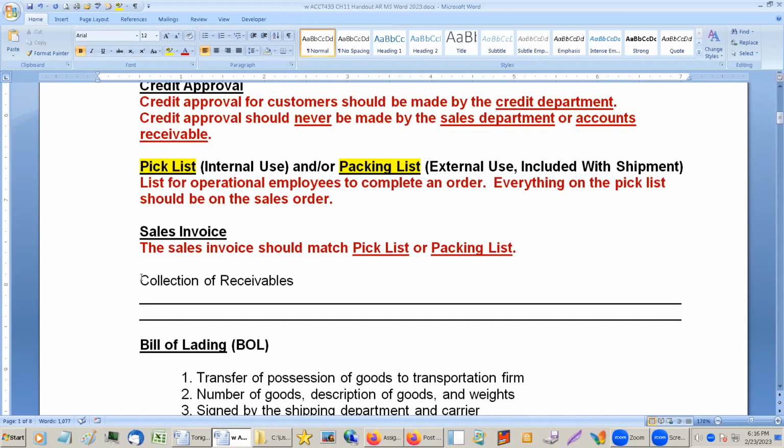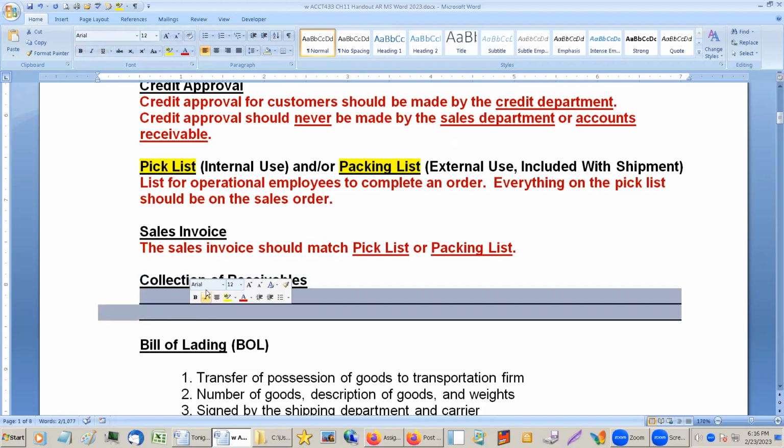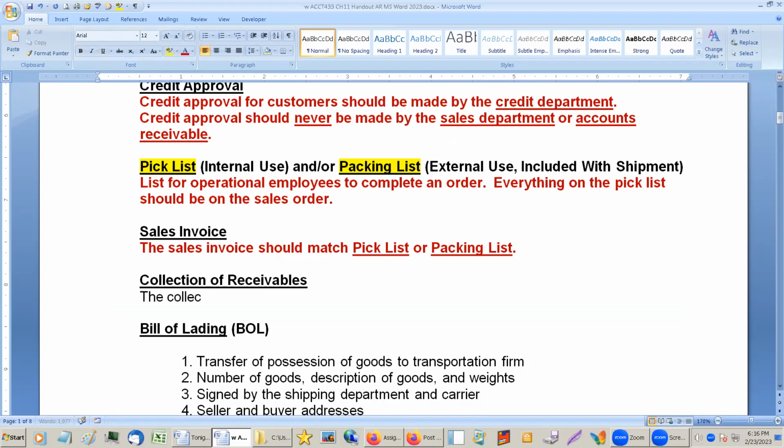Okay, collection of receivables. The collection of receivables is the best evidence of valid receivables and valid sales.